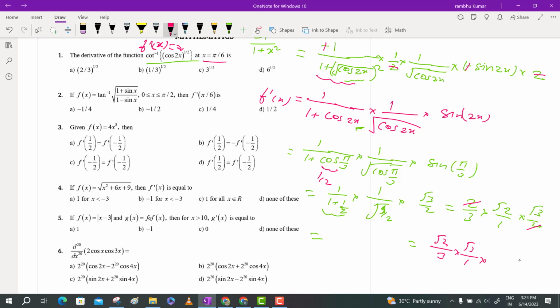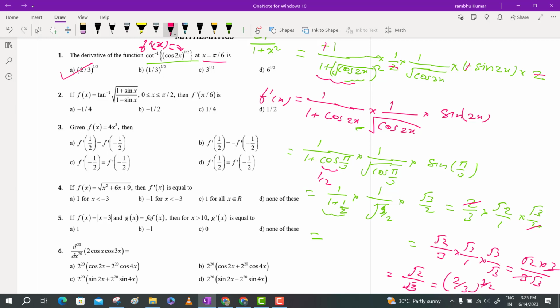Now if we multiply and divide by root 3, this will become root 2 into 3 by 3 into root 3. So 3 and 3 we can cancel out, and we have 2 by root 3, which can be written as 2 by 3 to the power 1 by 2. From the options you can see option A is 2 by 3 to the power 1 by 2. Got it? So the answer to the first question is A.